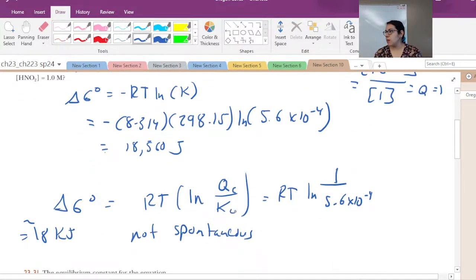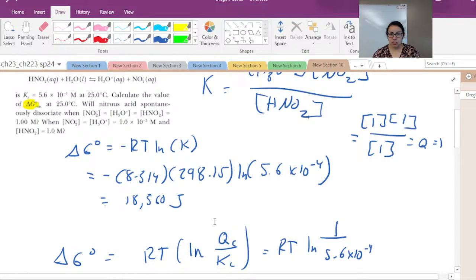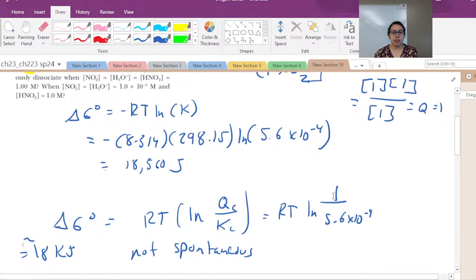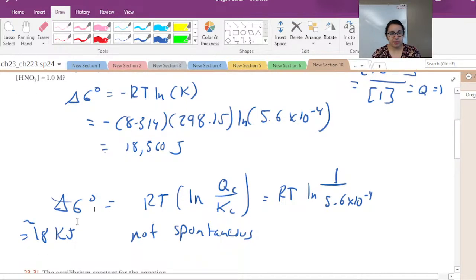Okay, let's see how that compares with our Q value compared to our K value. And we could even think back to, before we got into all this delta G stuff, we could just say, well, our Q is 1, but our K is 10 to the negative fourth, so it's already past where it is in equilibrium value. So that kind of gives us a hint, but yeah, then the delta G just verifies that for us.